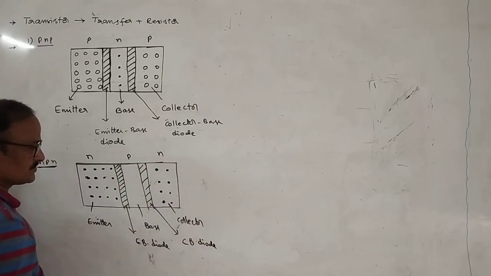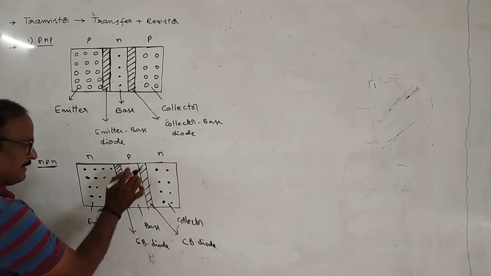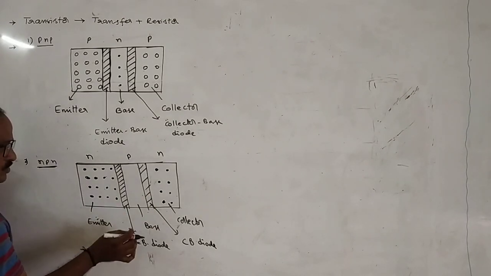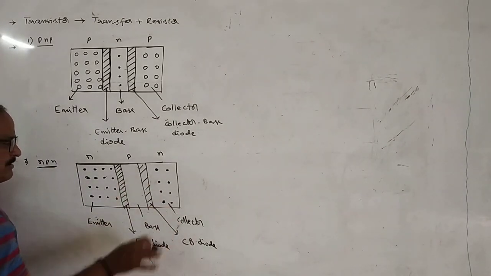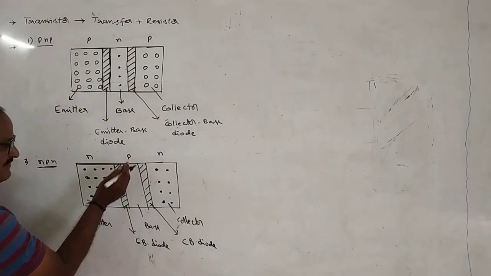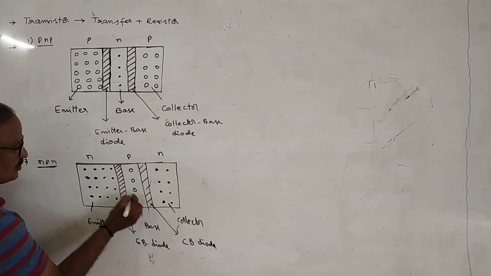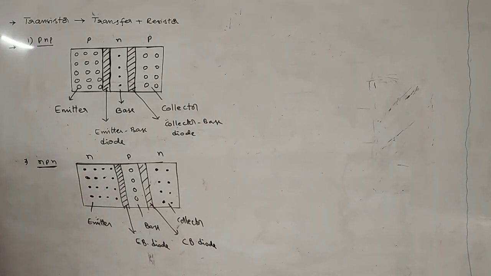These are the electrons. The middle region, which is very thin and lightly doped, has fewer charge carriers. With its p-type property, there are only a few positive charge carriers. So this is called the NPN transistor. Clear so far?